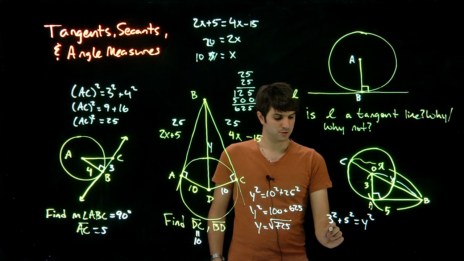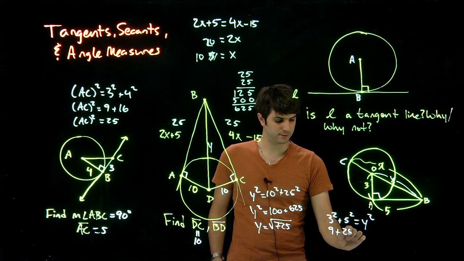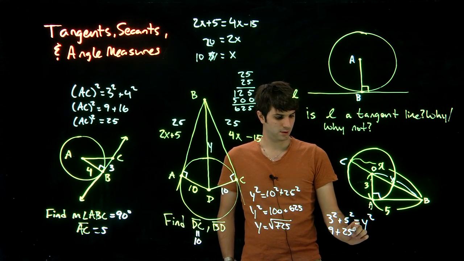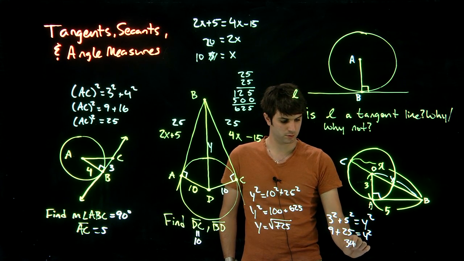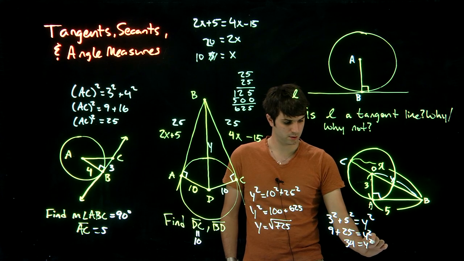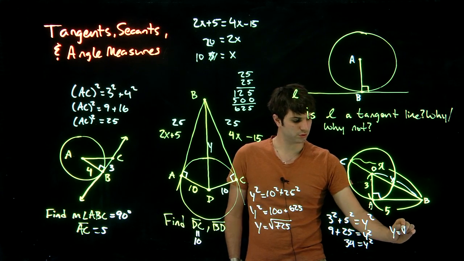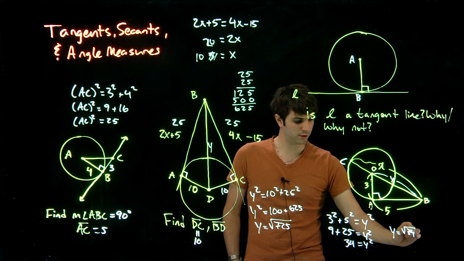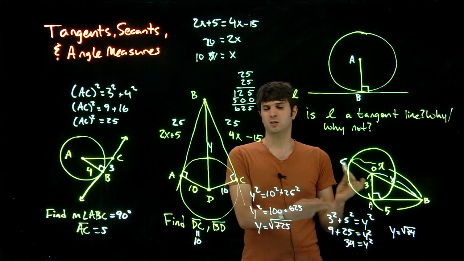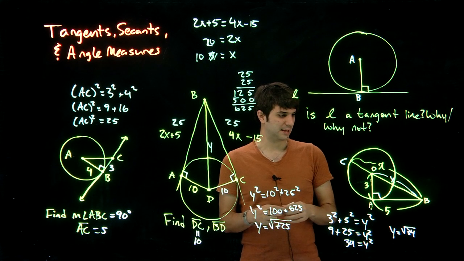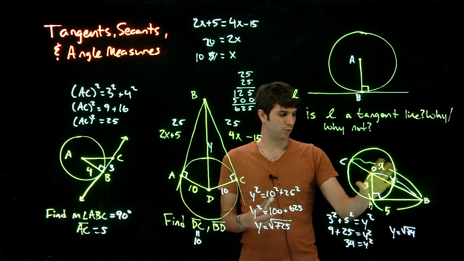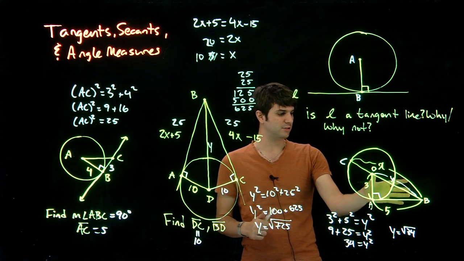So this is 9 plus 25 equals y squared. So 34 equals y squared, so y is going to equal root 34. Root 34 is between 5 and 6, closer to 6. It might be about 5.8, or 5.7, 5.9, somewhere in that range.